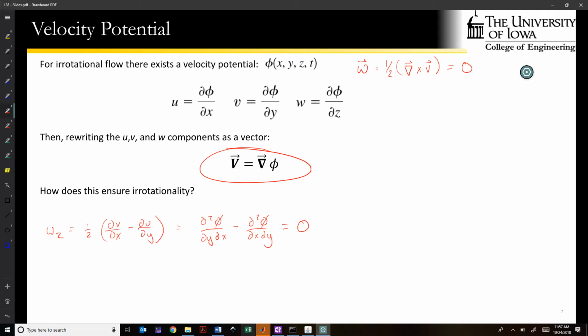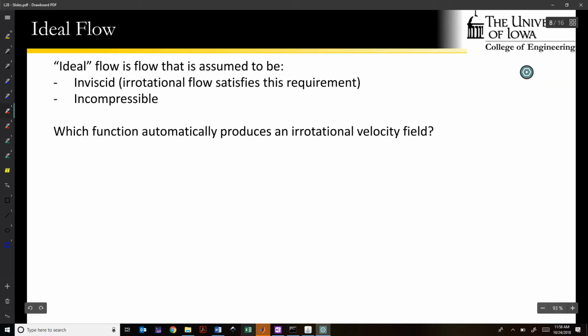Okay, so I want to put these 2 ideas together. So we've had one that assumed incompressible flow, one that assumed irrotational flow. If we combine these 2, we get what we call ideal flow. So ideal flow means we're going to treat it as if it's inviscid. An inviscid flow can also be modeled as an irrotational flow.